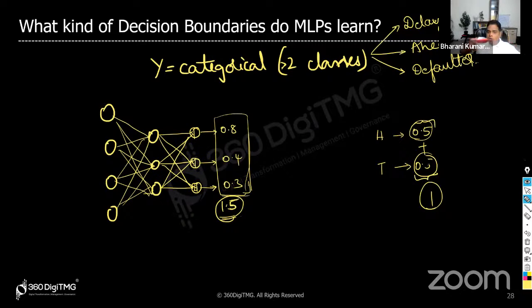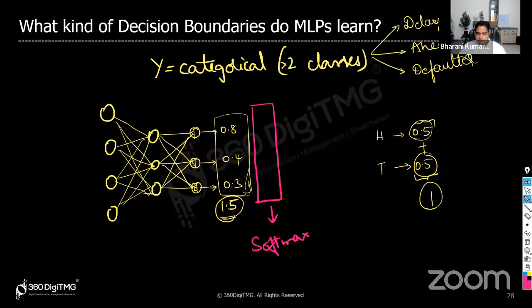To ensure that you convert all of these numbers into probabilities, we use an activation function here. And this activation function is called softmax.